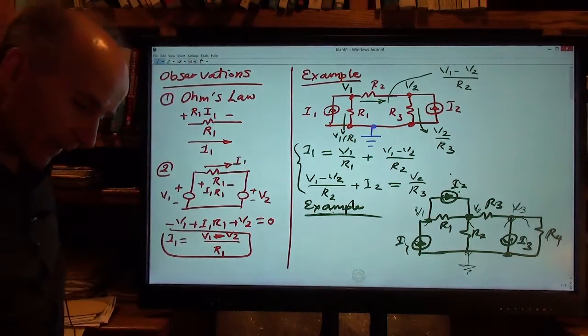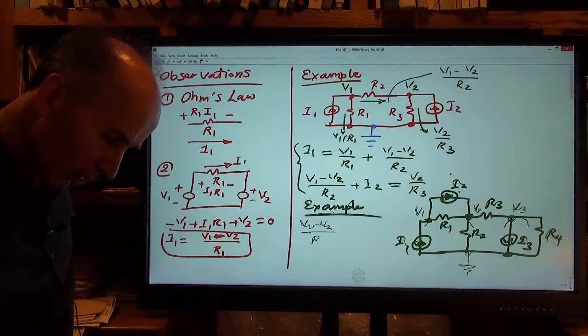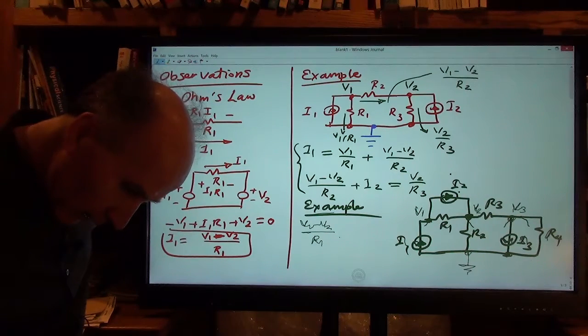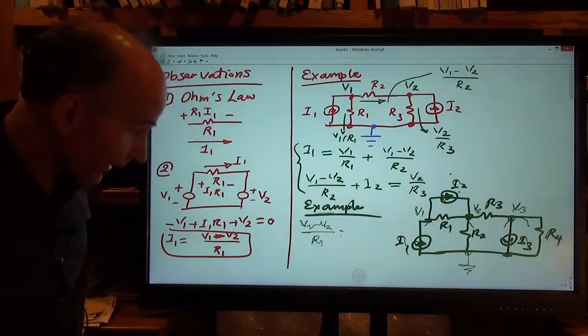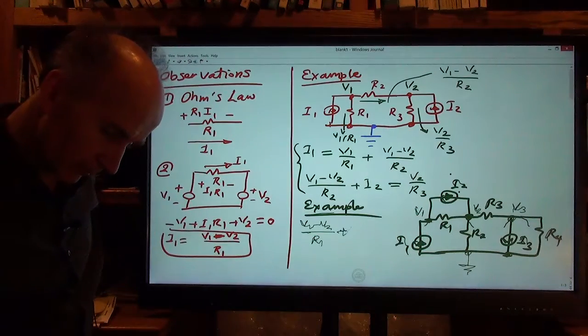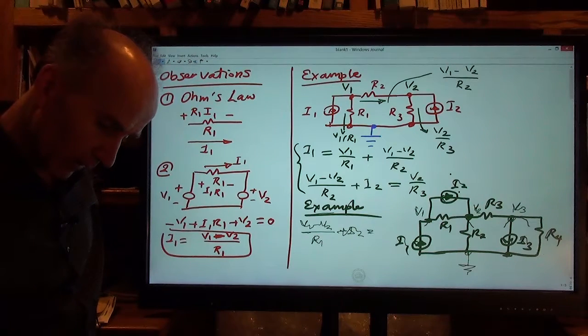Okay, so KCL at that node would be V1 minus V2 over R1. Sorry, my pen is not working well. That's this current plus that current, which is I2, equal to I1.